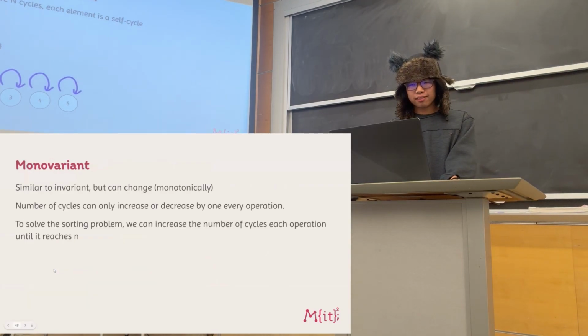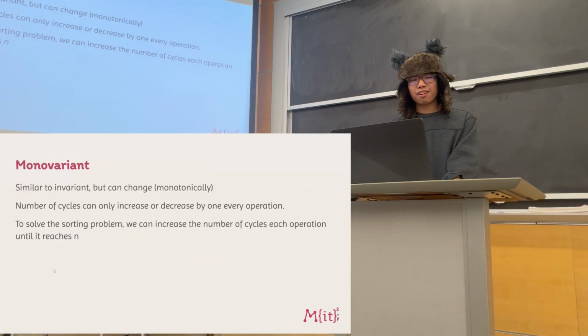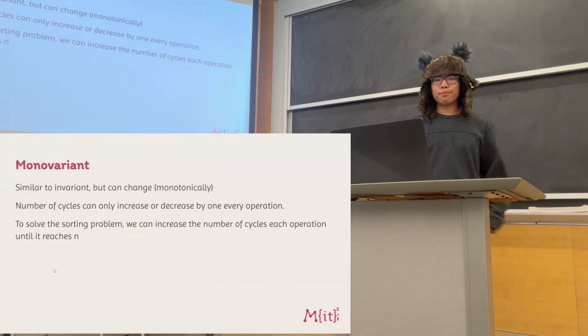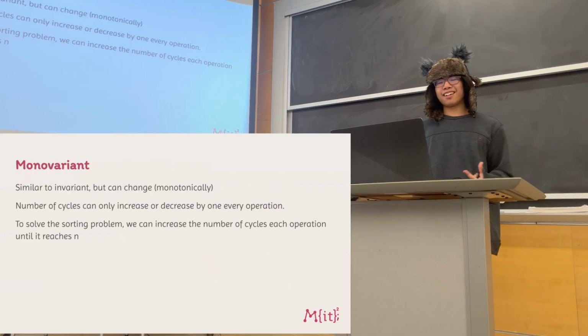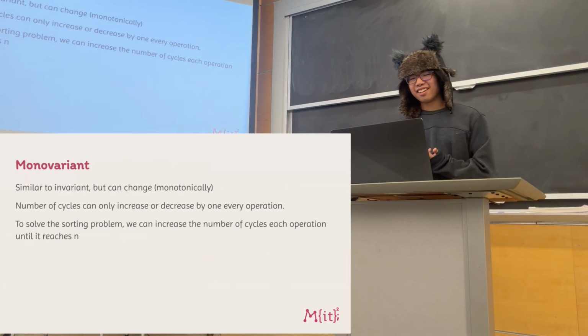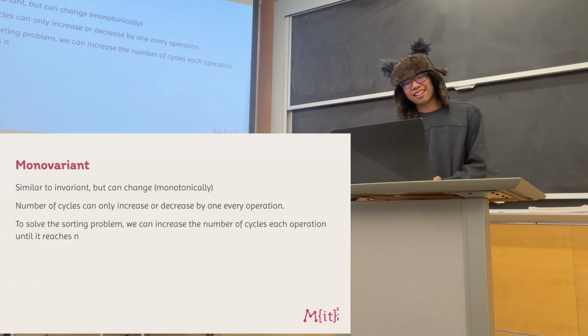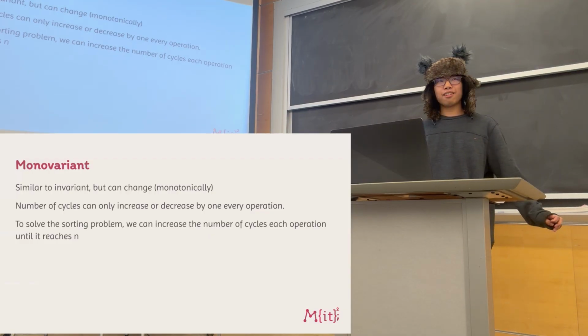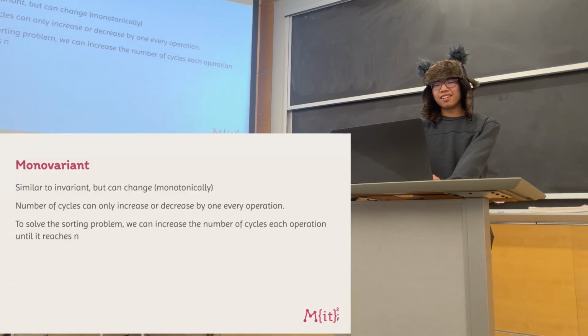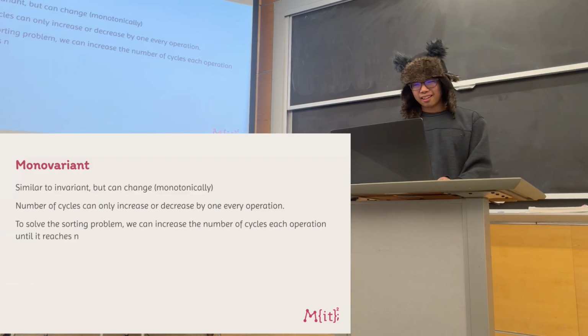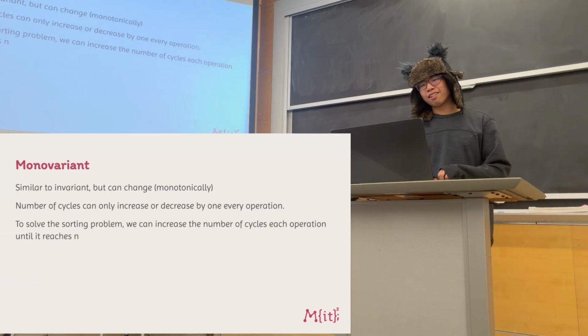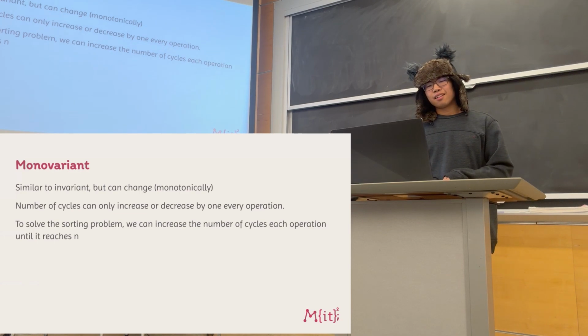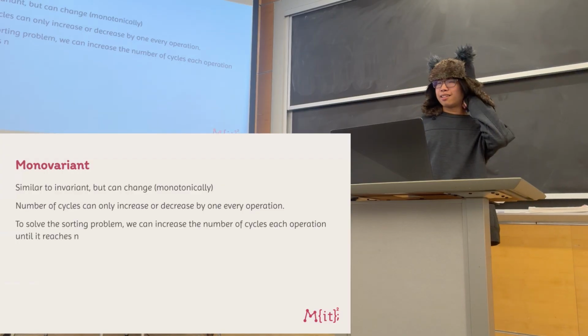And let's introduce a new concept called a monovariant. It's similar to an invariant, but it could actually change, so it's not invariant. It's like the number of cycles: when you apply a swap operation, it can only increase or decrease by 1 every operation. So we also know that if we increase the number of cycles to n, we solve the problem.